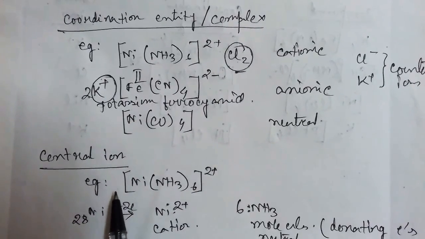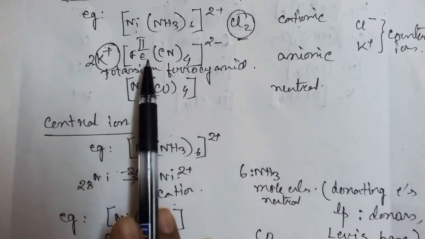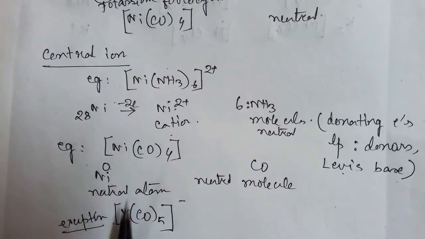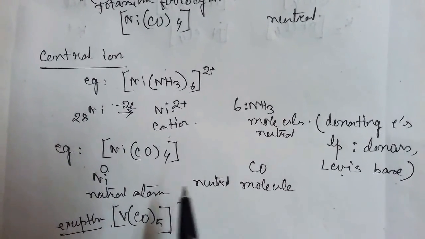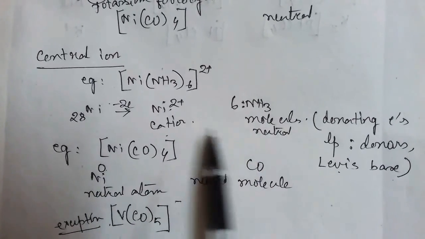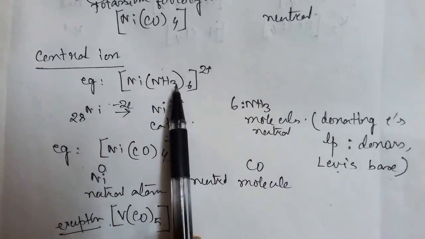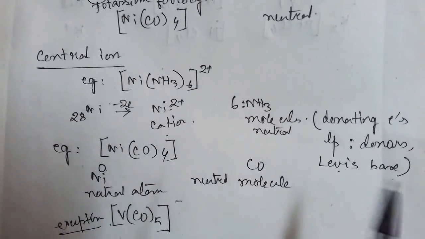So central ion can be cationic, neutral, or anionic, that is here vanadium. We are getting three types of metal ion, or rather to say central ion, and these are forming some coordinate bond with this type of donor atoms which are donating their lone pair of electrons. These are called Lewis bases.